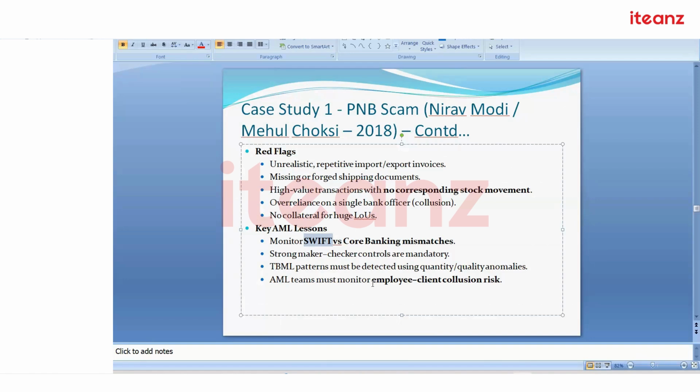They took the SWIFT messages and compared them with the account transaction history, and found the mismatch. Then you have maker-checker controls, and this was also missing because this bank officer did some fraud. They did not properly do the maker-checker process. This is how it came up.